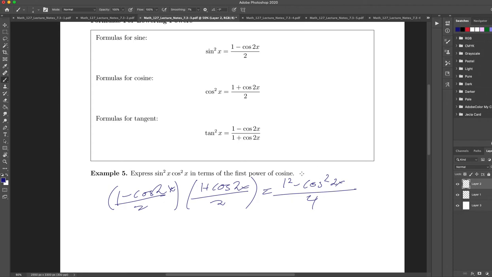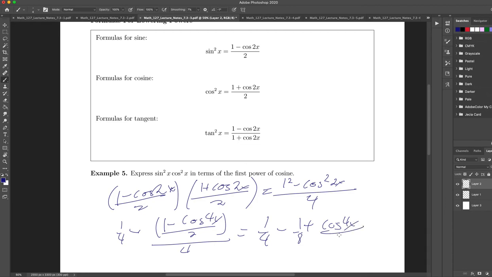But notice here I have a squared, we don't want that, so we'll just go ahead and do what we're going to do. So this becomes 1/4 minus cosine squared, but I know what cosine squared is, so it would be 1 minus cosine of 2x, and so 2 times 2x would be 4x, all over 2, all over 4, which gives me the answer I think your book would like, which is 1 plus cosine... 1/8, I guess you can split that up, 1/8 plus cosine of 4x over 8.